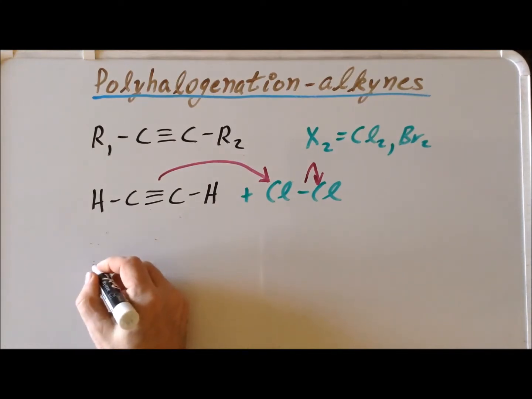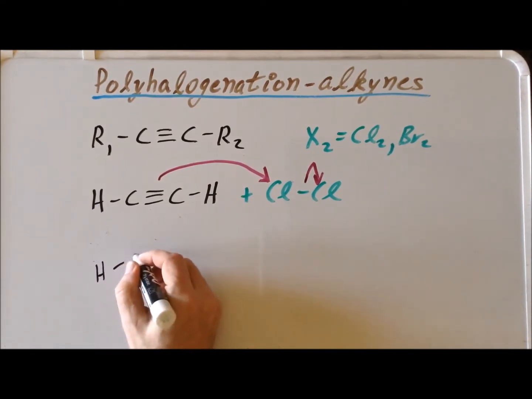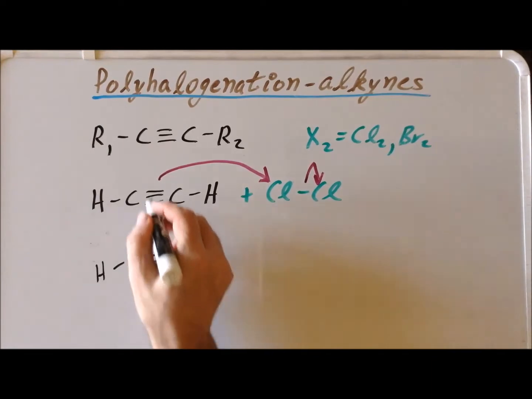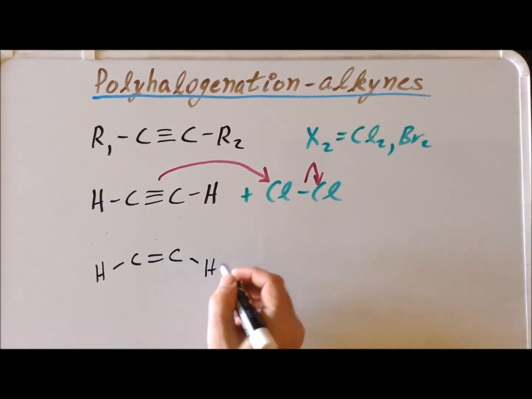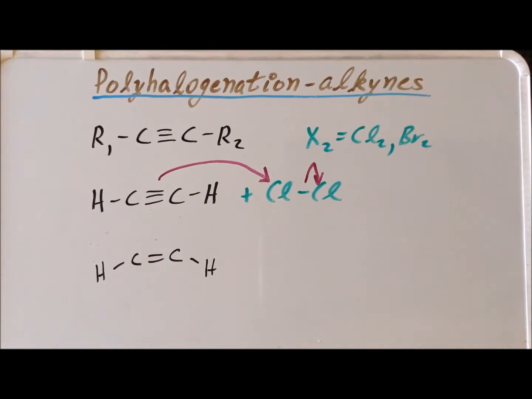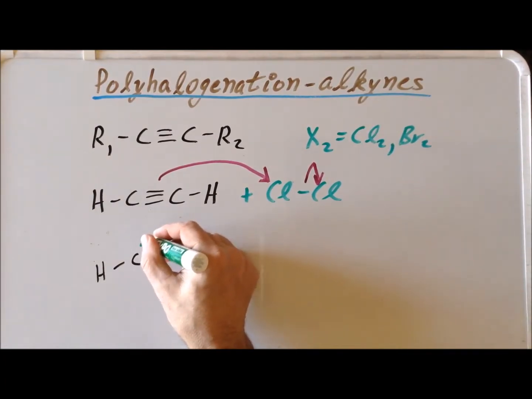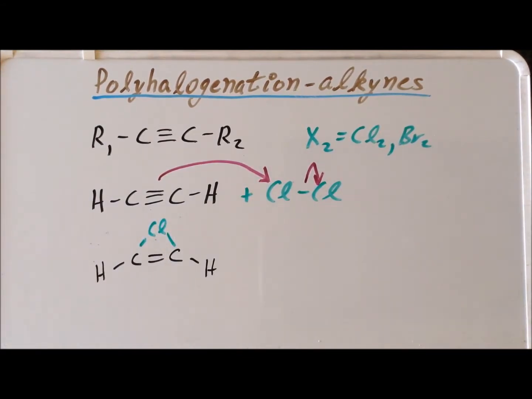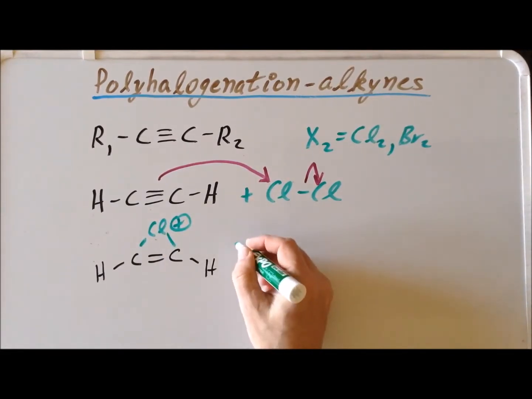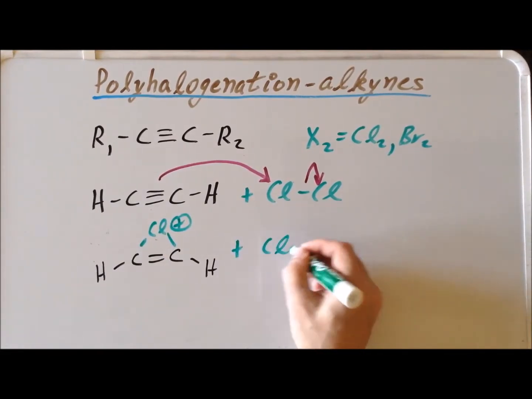So what we end up with is an intermediate. The triple bond is reduced to a double bond. And in the case of acetylene, the calculations, in the absence of solvent at least, show that we do have formation of a cyclic chloronium ion as an intermediate.